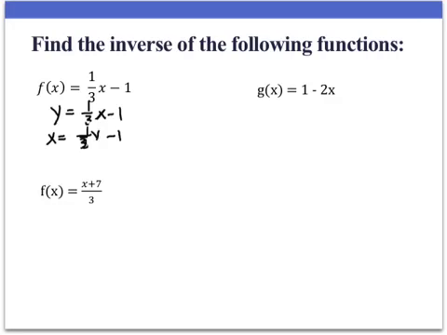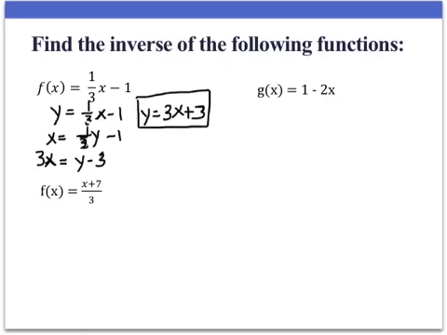There we go. So I'm going to solve for y, and we can do this by multiplying everything by 3. And then we will finish by adding 3 to both sides, like so. And when we're done with this, I'm going to show you how to confirm that two functions are an inverse.